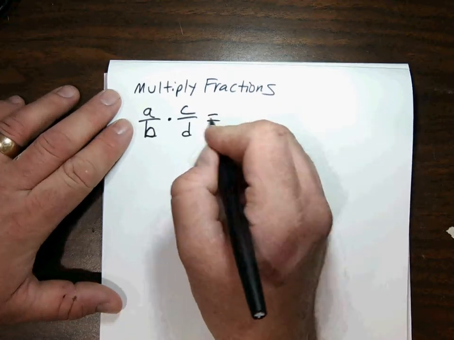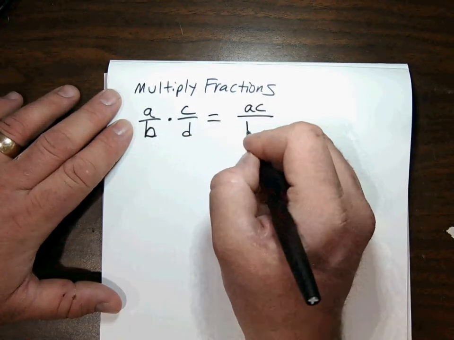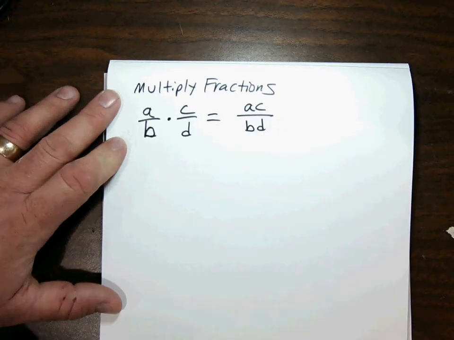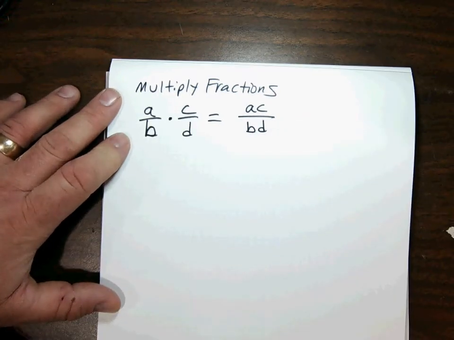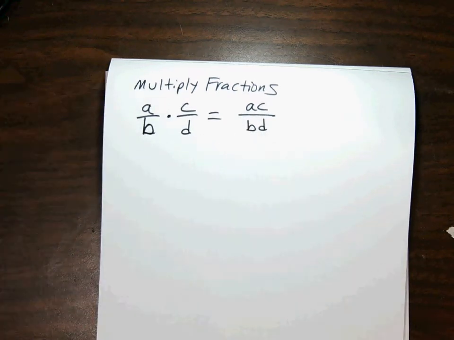I multiply the numerator, so it's a times c up top, and I multiply the denominator, so it's b times d on the bottom. Okay? Incidentally, in algebra now, when letters are side by side like that, it means multiplication, even without a times sign snuck in there. We don't need to put a sign. That means a times c, and that means b times d.